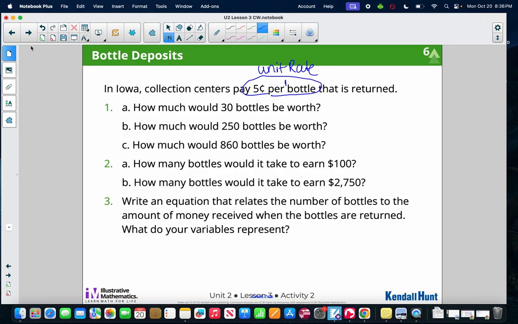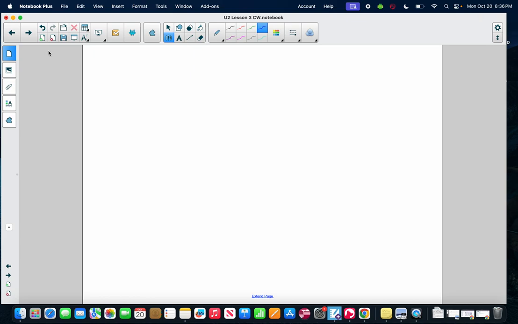So I'm going to add a page here and make a table. And remember, it's 5 cents per bottle. So I'm going to have bottles and money. Now I have to make a decision.